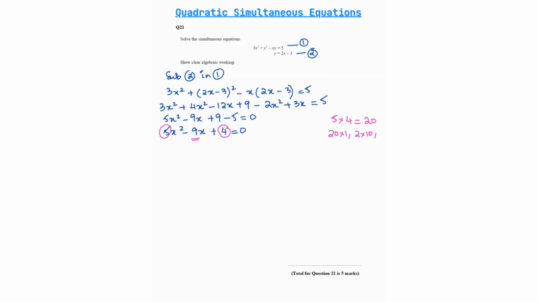So what we're going to do is replace negative 9x with negative 5x minus 4x and everything else comes as it is. Once we've done that, we split them into two groups and factor those two groups separately. So between 5x squared and 5x, we have 5x common.